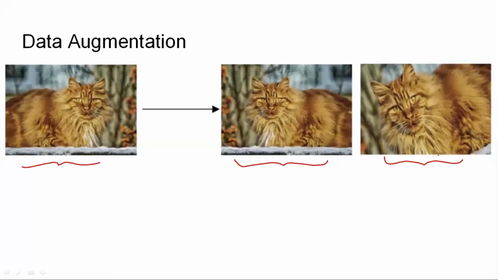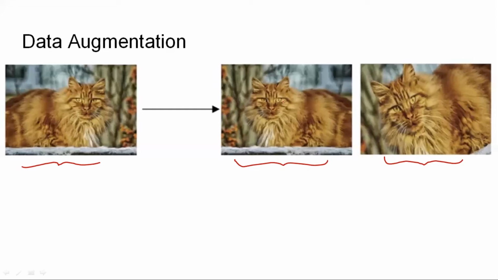Because this is often artificially created data, and the new data you are creating is very much correlated with the data you took earlier, because these two images are generated from this original image. So there would be a problem of correlation when you are doing data augmentation.